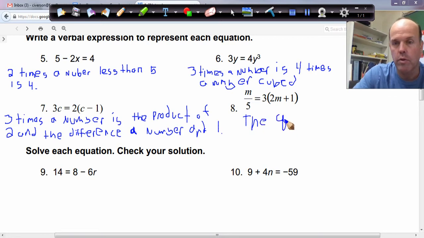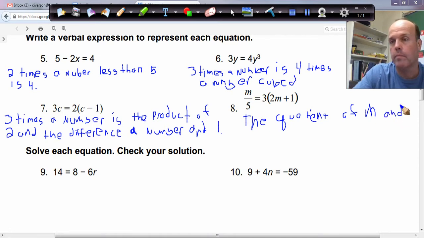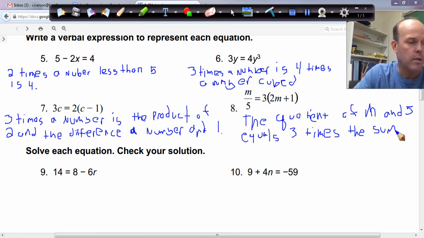So, the quotient of m and 5 equals 3 times the sum of twice a number and 1.